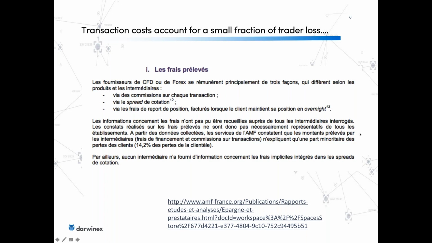So would you say it's what, 80% of loss is transaction costs, 60% of loss? What do you guys think is the number? If somebody can read French, they've already figured that out. Okay, so Ray's saying at least 50% of what customers lose is transaction costs. Okay, Steve knows French.